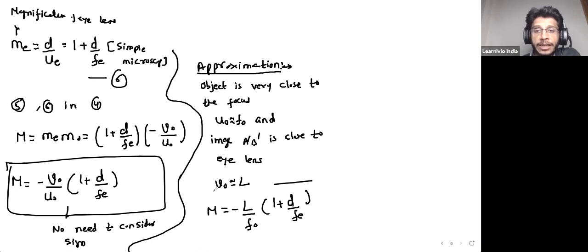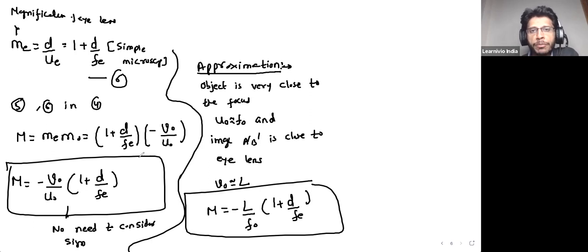But I'm saying it again, it's an approximation. This one is the exact expression, minus V naught by U naught times 1 plus D by Fe.